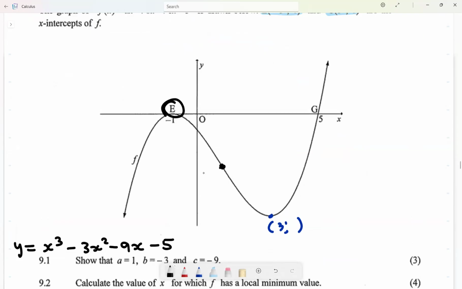Between the two turning points, right? So how can I get the point of inflection? I'll just say it is -1 plus 3 divided by 2. So it will just be -1 here, guys. And whatever value of y.